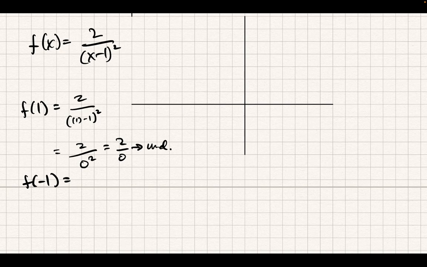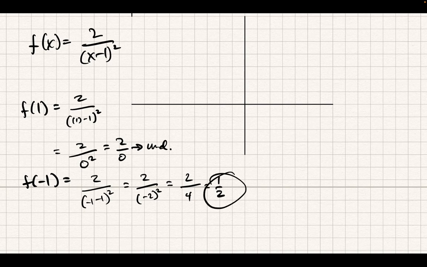So that's 2 over parentheses minus 1 minus 1 squared, which is 2 over minus 2 squared, that's 2 over 4. So no vertical asymptote at minus 1.